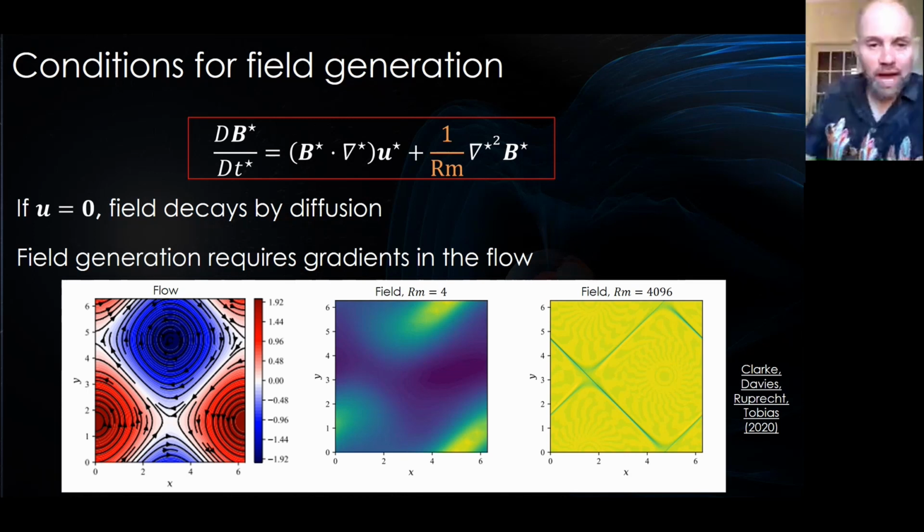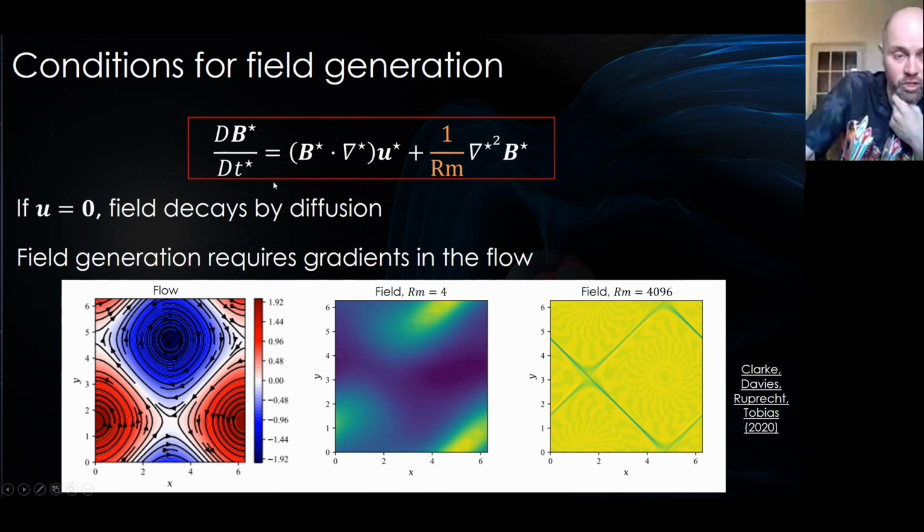But you can say more than that, because the only way that the magnetic field grows on the left-hand side is through this source term, B dot grad u. And what's coming in here is not just the flow itself, but the gradients of the flow. So if you've got a uniform flow, that's no good for you. You need a flow with gradients in. Okay, so that's the second thing that you can learn from this equation.